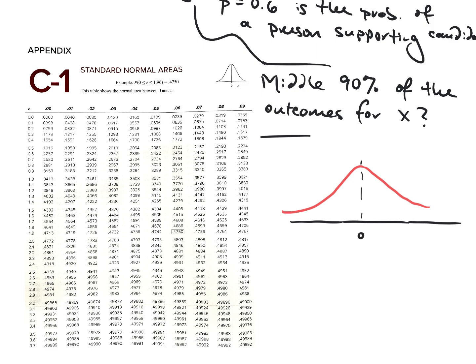We want a range centered around 0 that goes from negative z star up to positive z star, containing a total of 90% of the distribution.